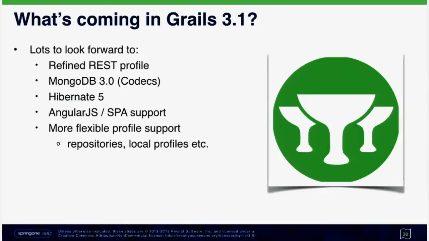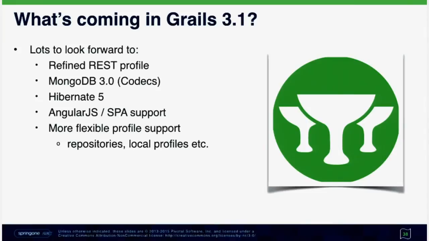So there'll be a profile based on top of our web API profile for the creation of AngularJS applications. So you'll have your JSON API served by Grails and AngularJS backing on to the application in a complete development experience for developing AngularJS applications.